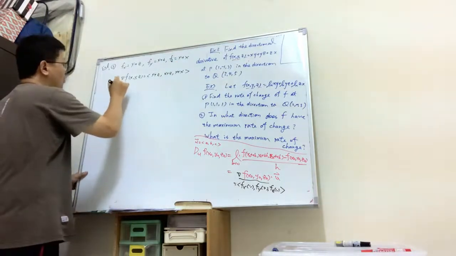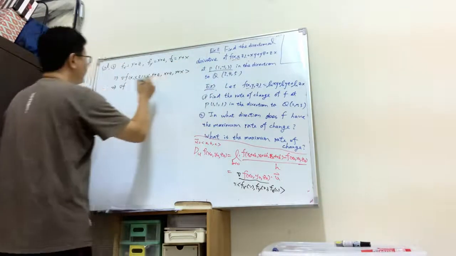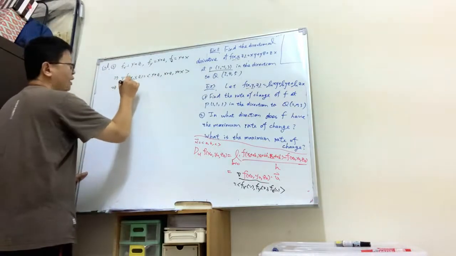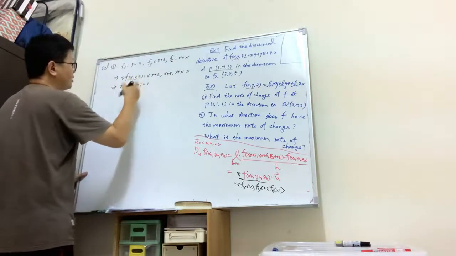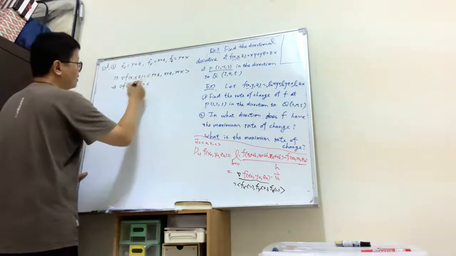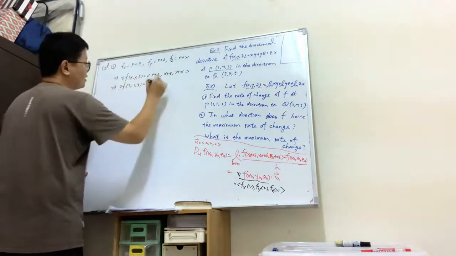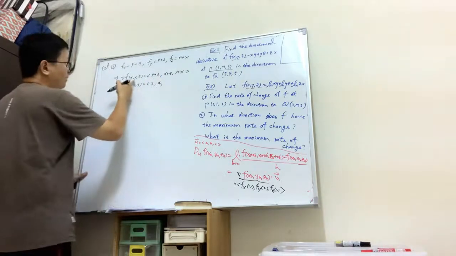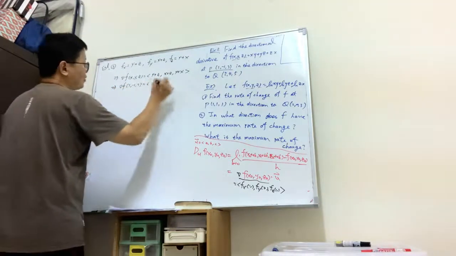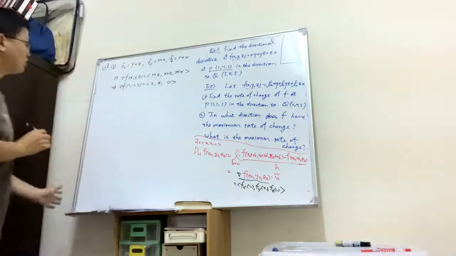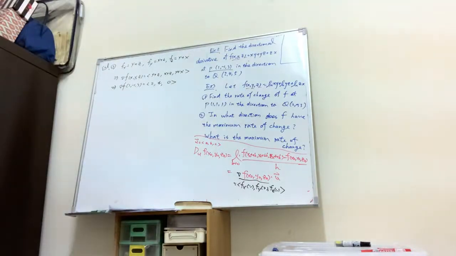And we want to know it at this point P, which is (1, negative 1, 3). So negative 1 plus 3 is 2. And x plus z, 1 plus 3 is 4. And x plus y, negative 1 plus 1, is 0. So that is the gradient at this point.